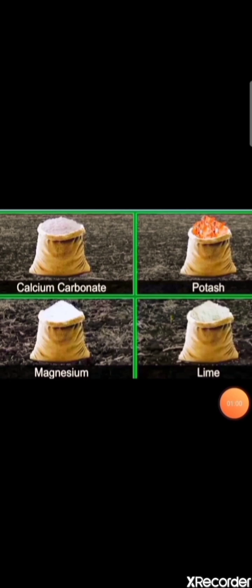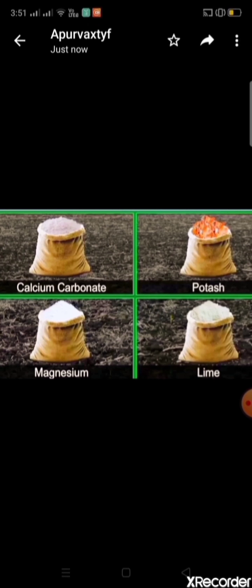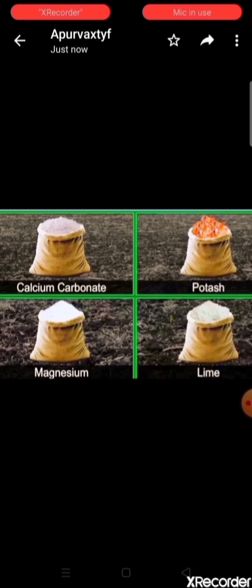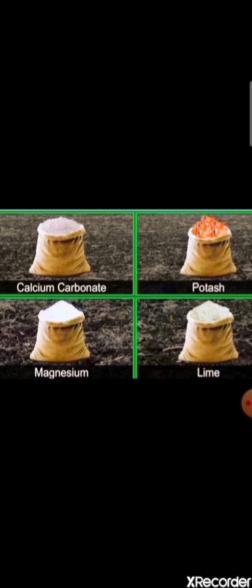This soil is well known for its capacity to hold moisture because it is made up of extremely fine clay material, and we have discussed in the previous topic that clay is known to hold moisture for a longer period.